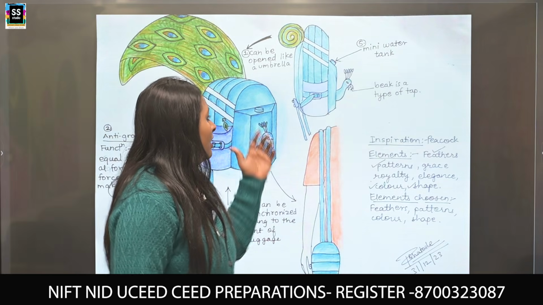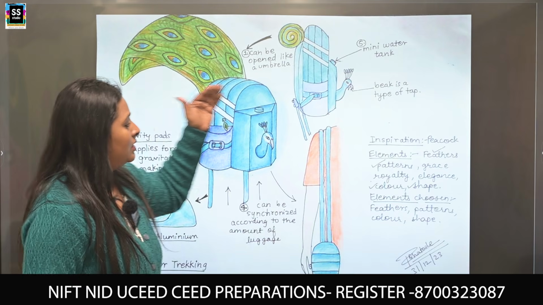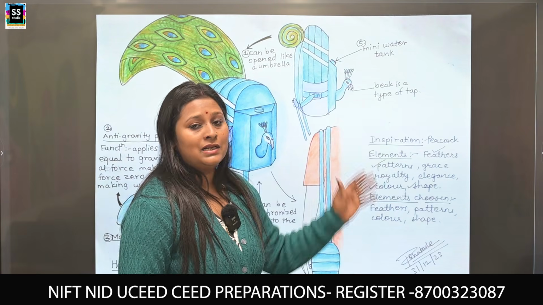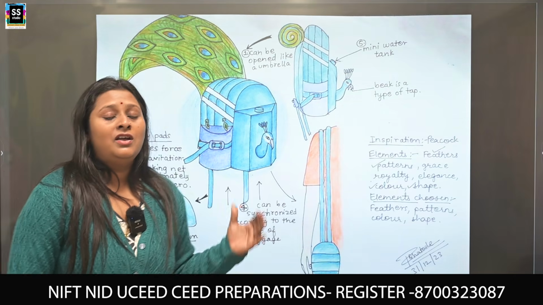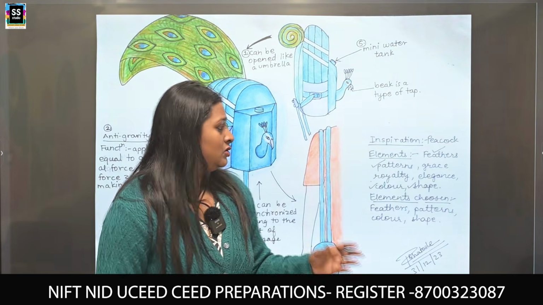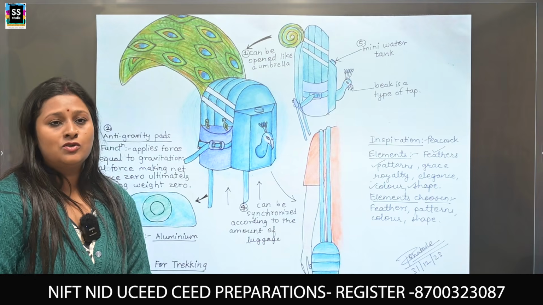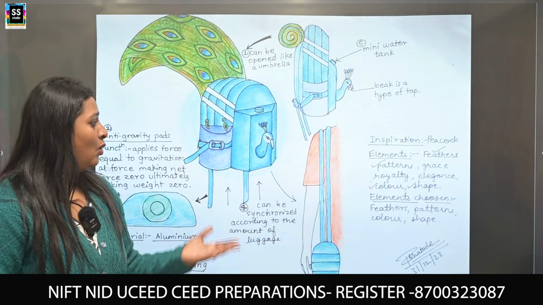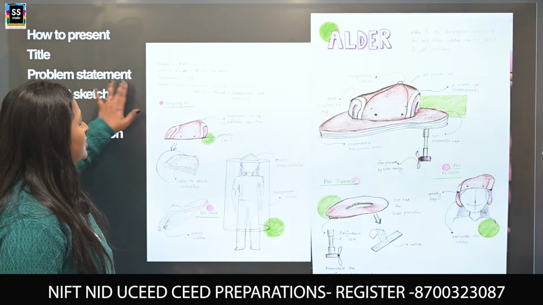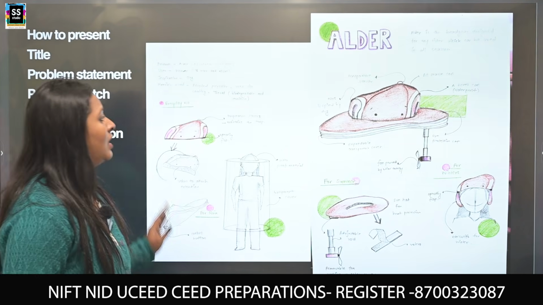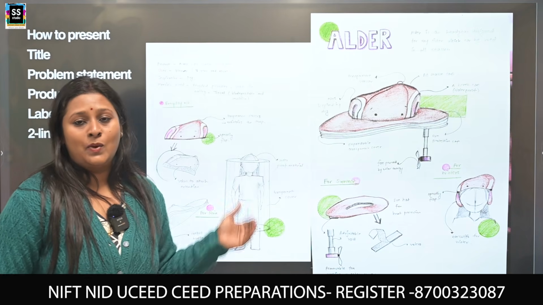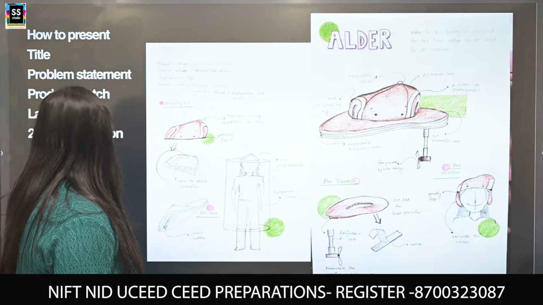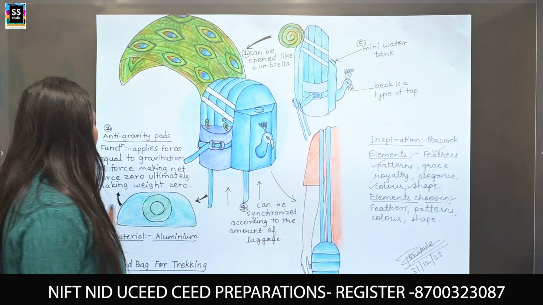When the sketching is like that, and the write-up is very clearly labeled, definitely there's no way you will score badly. So this is one of the solutions that I would like to present to you all, and in the previous solutions also I've been showing you the best possible way to attempt the question in the exam so that it gets clear in your mind.